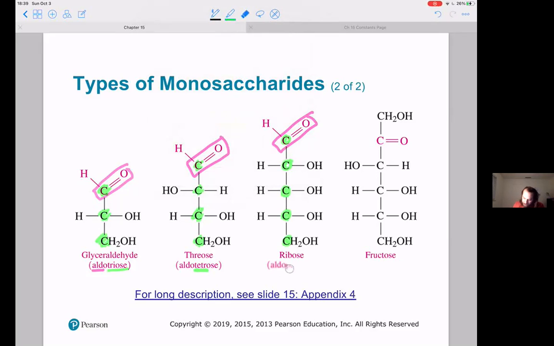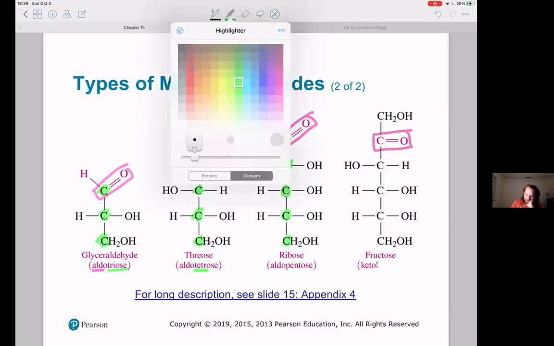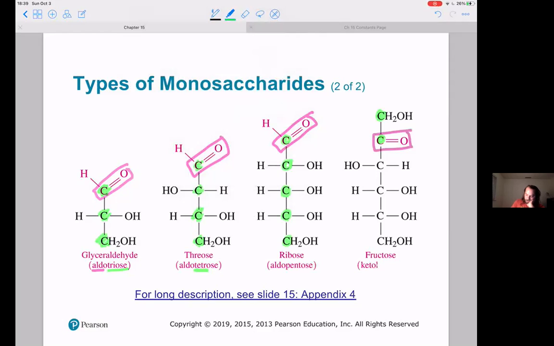So that should be an aldopentose. And lastly, we have fructose. This has a ketone, so that would be a keto. Then we count carbons: 1, 2, 3, 4, 5, 6. So that's a ketohexose. The main skill we need to take away from this is being able to classify as aldo or keto, and then tri, tetra, pent, hex.